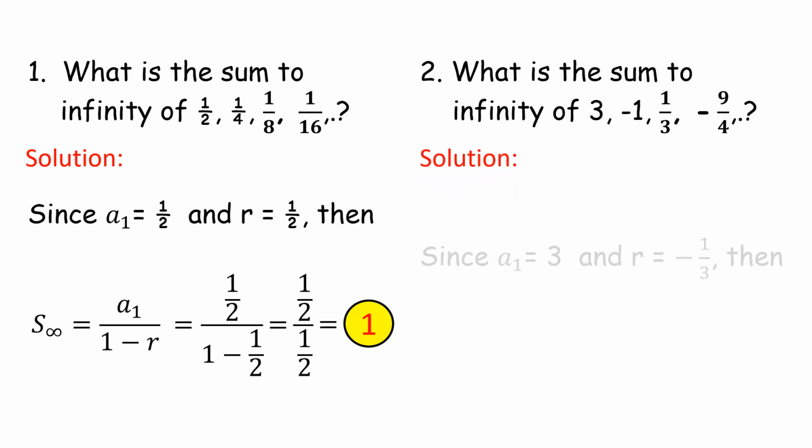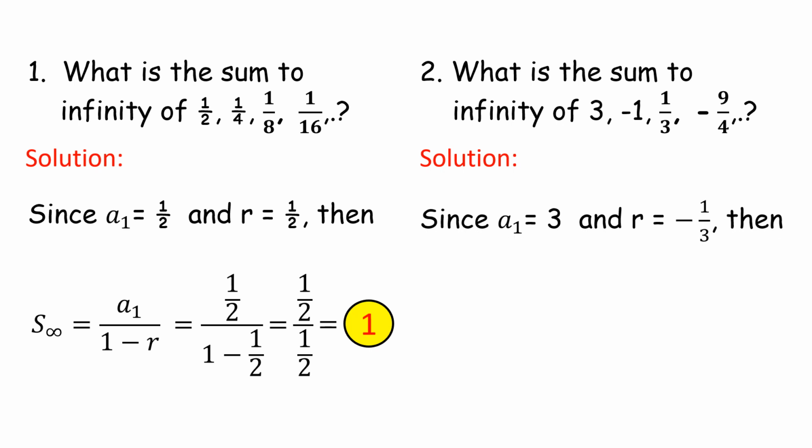For our solution, a sub 1 from our given is 3, and the value of r is equal to negative 1/3. Since our a sub 2 is negative 1 divided by a sub 1, which is 3, our common ratio equals negative 1/3. Then, let's use the formula.